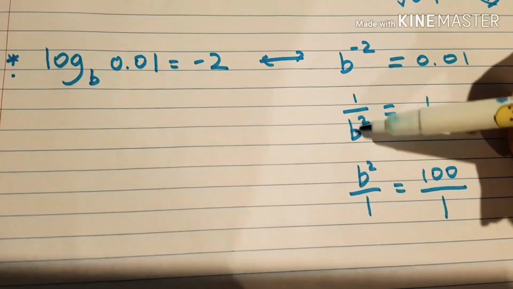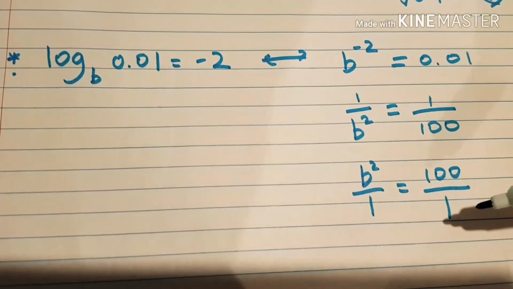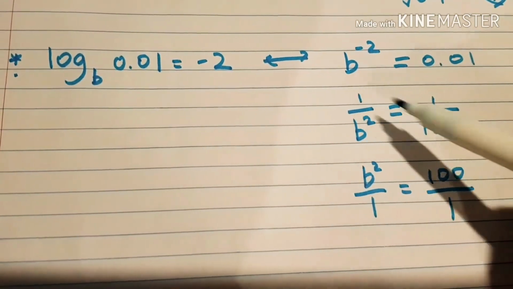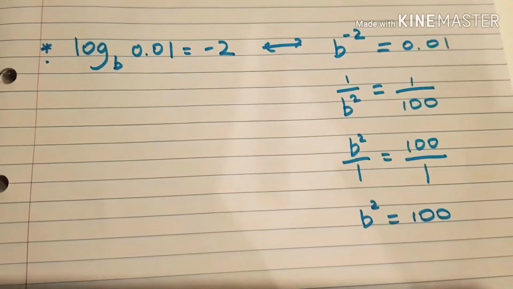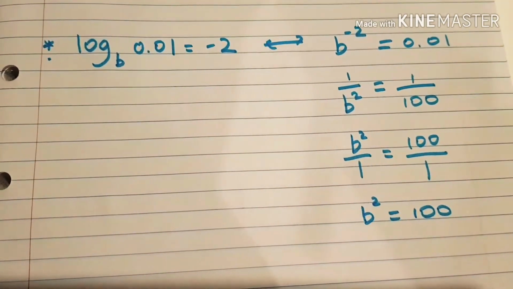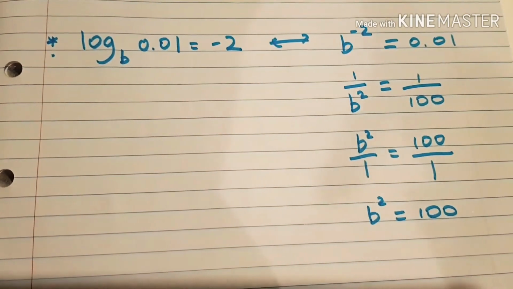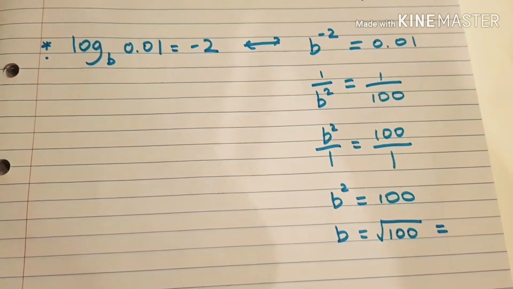So I switch top and bottom on both sides, so it's still equivalent. Or there are other methods, for example cross multiplication, and get this value. I need to find that b, so I send the 2 to the other side, square root 100, and I get the value 10.